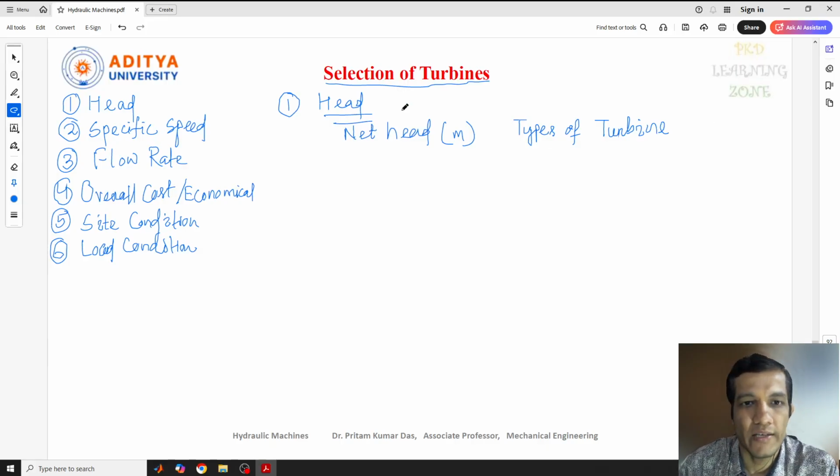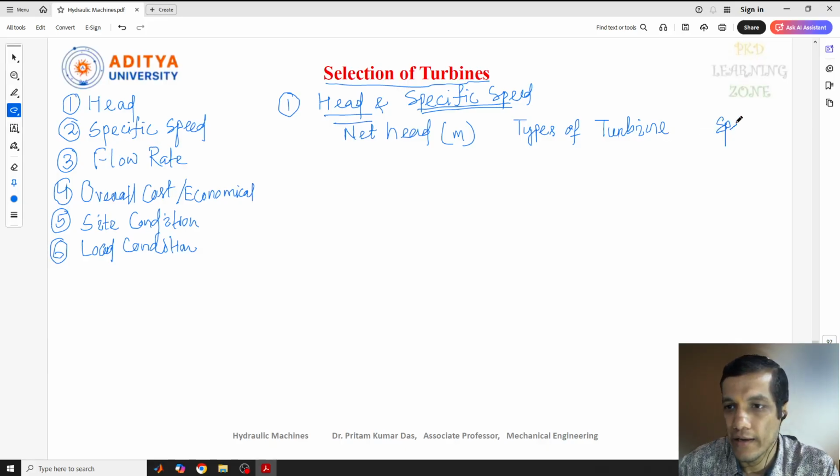Along with this, I'll also write the specific speed, and mostly it will be inversely opposite to the head. So we have the net head, the types of turbine, and the specific speed.